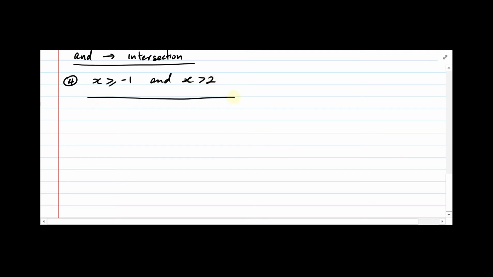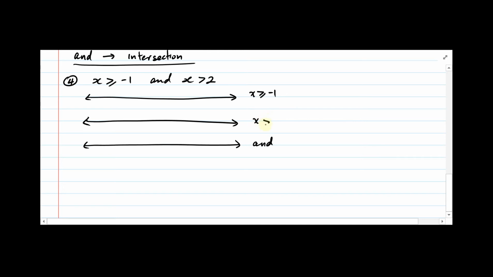Start out as usual with your 3 number lines. Watch the conjunction if you wish. The word is AND. Alright, so x is greater than or equal to -1. X is greater than 2. Let's put in our 0 mark. -1, I'll put that in all of them since it's a boundary.